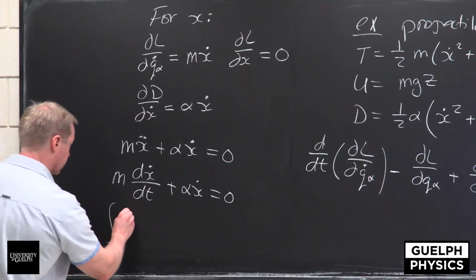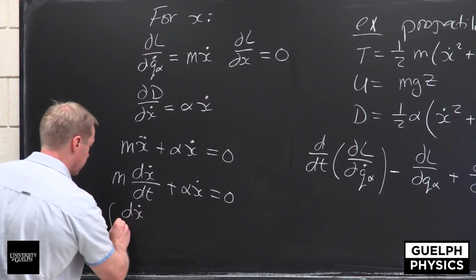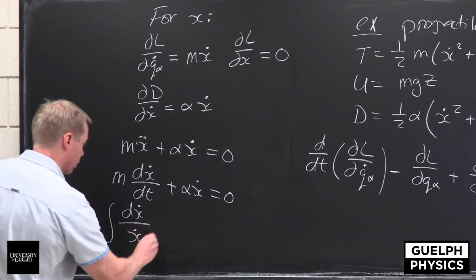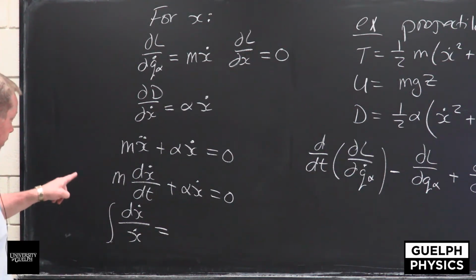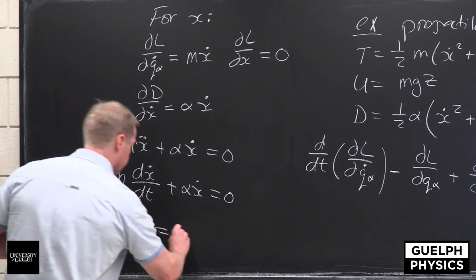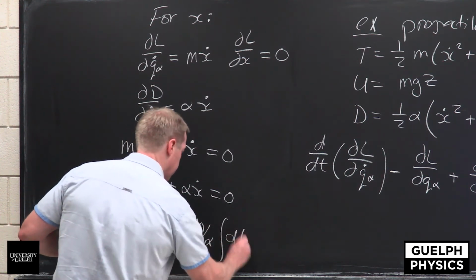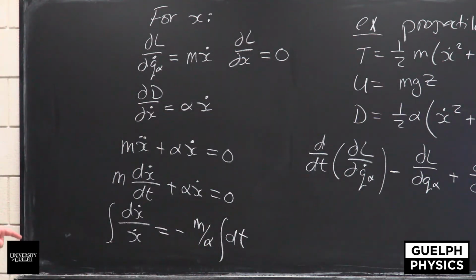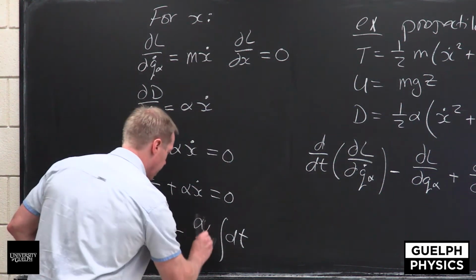I'll have an integral of dx dot over x dot, and that will be minus alpha over m, integral of dt.